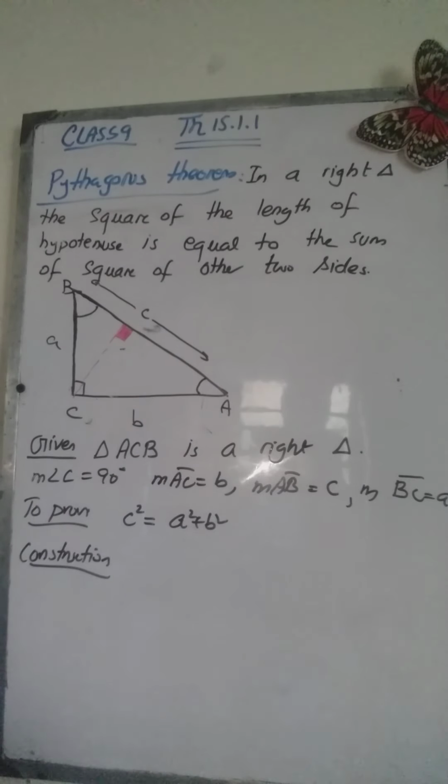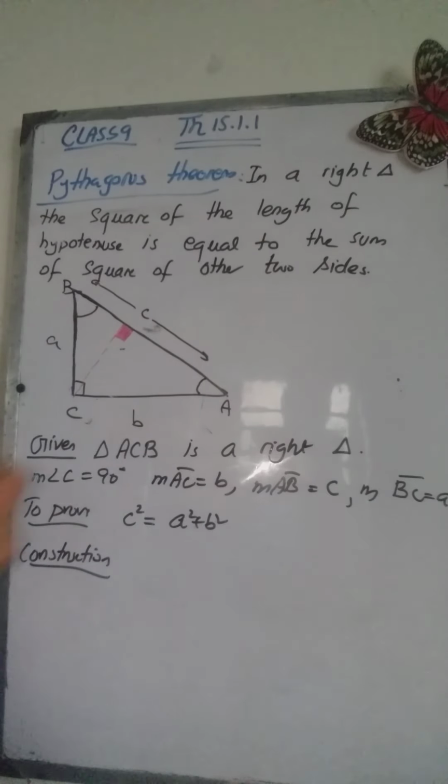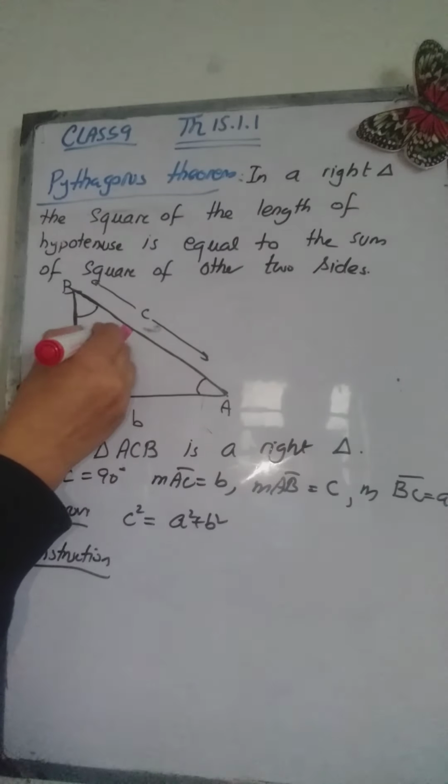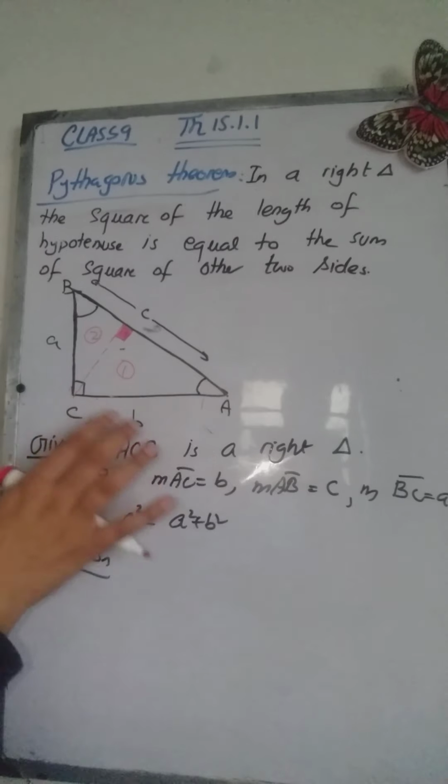Now if you look at this, we have two triangles at the moment. This is triangle 1, and this is triangle 2. So by drawing this line we have obtained two triangles.